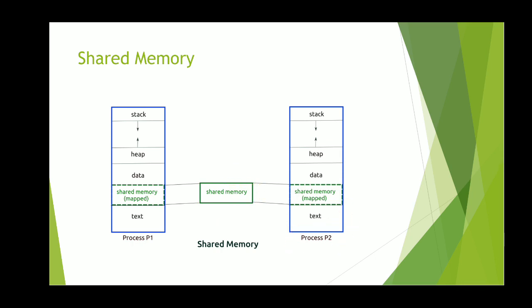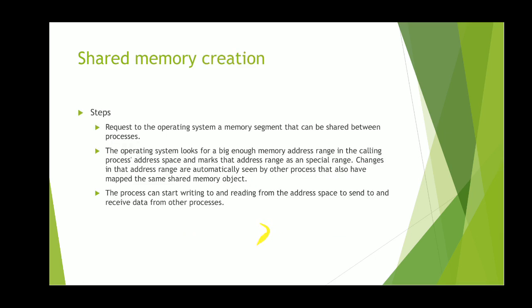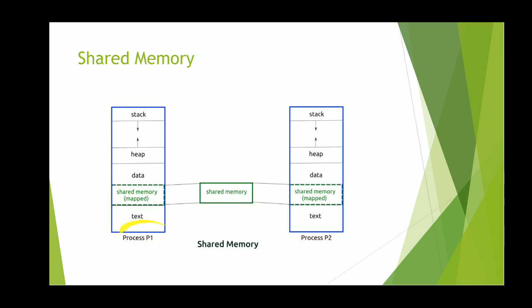So it can directly read the shared memory segment data. Thus we can achieve interprocess communication, because the data written by process P1 is able to be read by process P2.